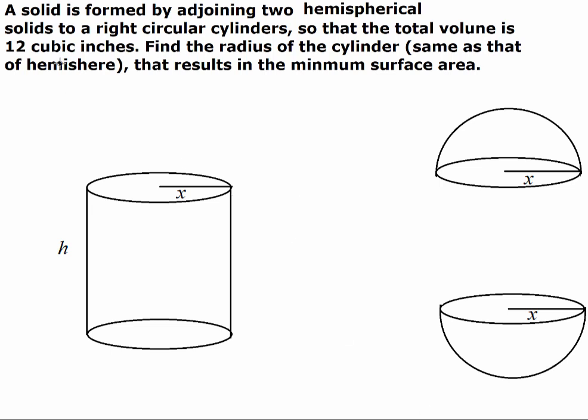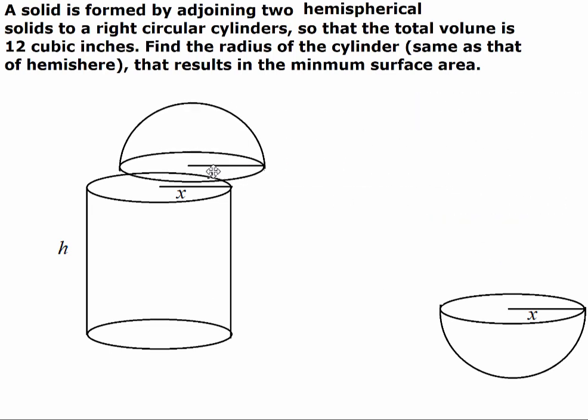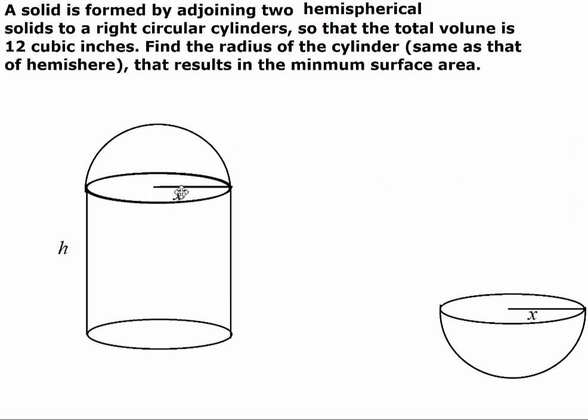So let us consider this question: use calculus to minimize the quantity. We have a solid that is formed by adjoining two hemispherical solids to a right circular cylinder, and the volume of this resulting solid has to be 12 cubic inches.